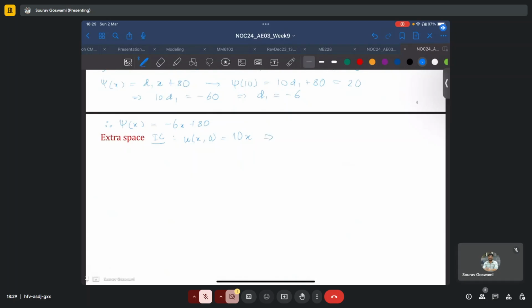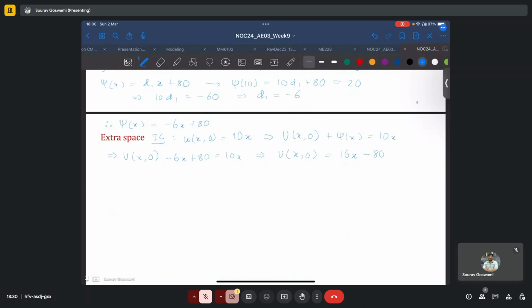And since u at x comma 0 is equal to capital U at x comma 0 plus psi, which is a function entirely of x, we have capital U at x comma 0 plus minus 6x plus 80 is equal to 10x, which implies that capital U at x comma 0 is equal to 16x minus 80.